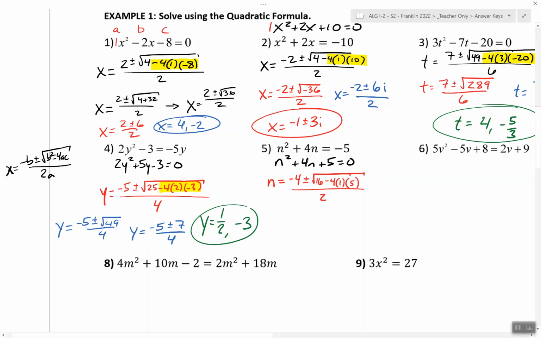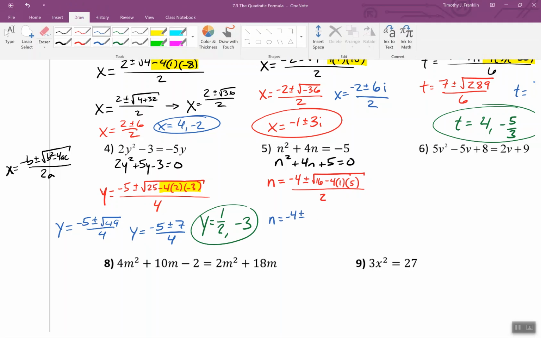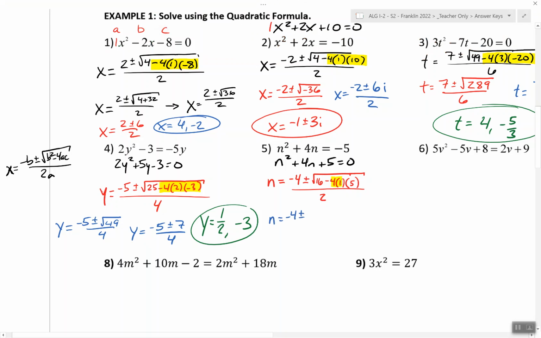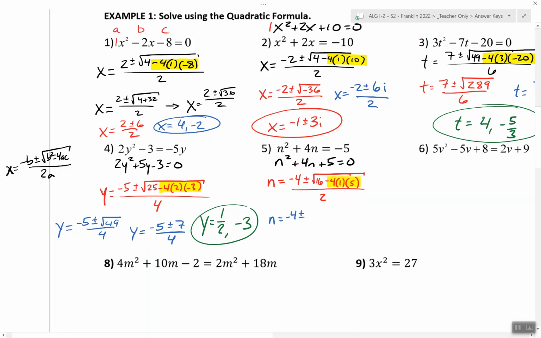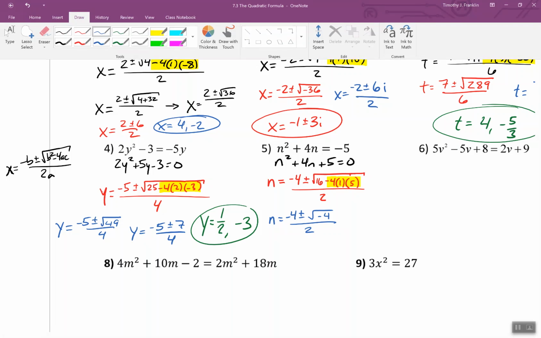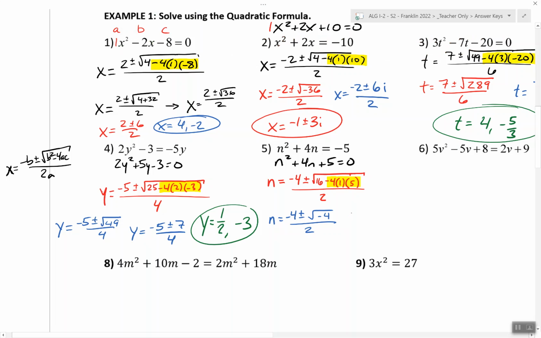And now we simplify. n equals negative 4 plus or minus, let's do the inside here. Negative 4 times 5 is negative 20. So we have 16 minus 20, which is negative 4 inside the square root, all over 2. Okay, we know what the square root of negative 4 is.